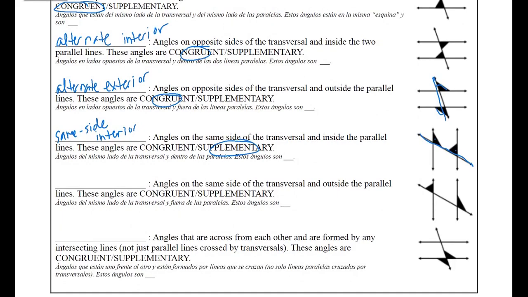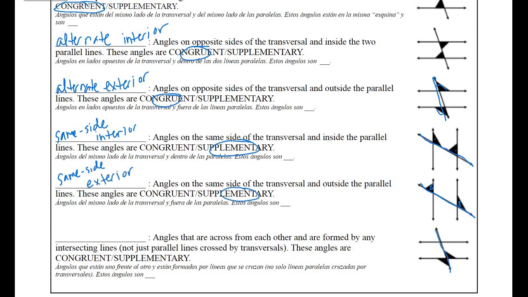Next, we have angles that are again on the same side of the transversal, so same side. And this time they are exterior to my parallel lines, so they're same side exterior. And these angles again are supplementary.